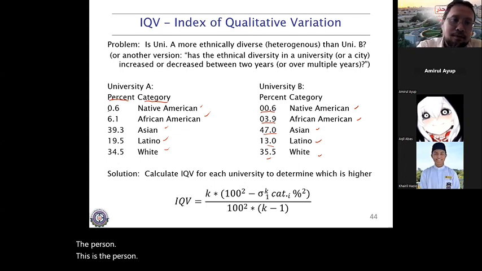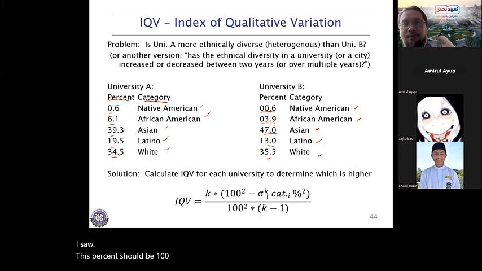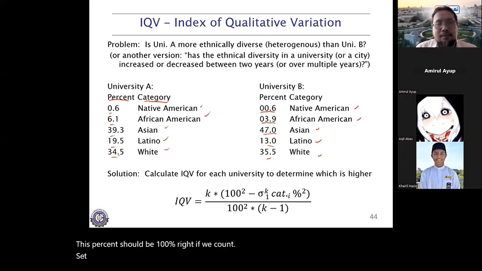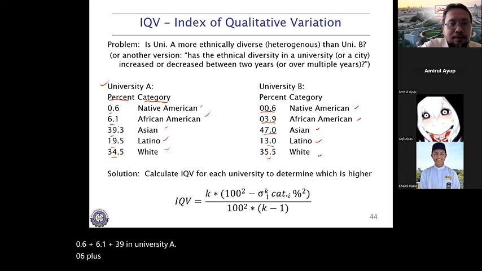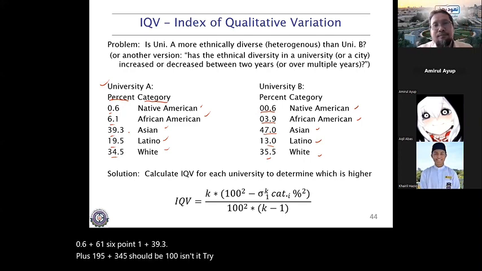So this percent should be 100%, right? If we count University A: 0.6 plus 6.1 plus 39.3 plus 19.5 plus 34.5, should be 100, isn't it? Try to count. Yes, it is 100.